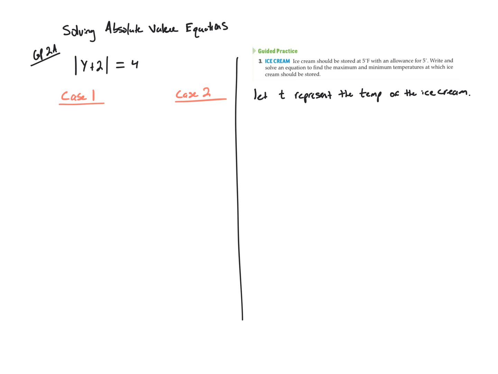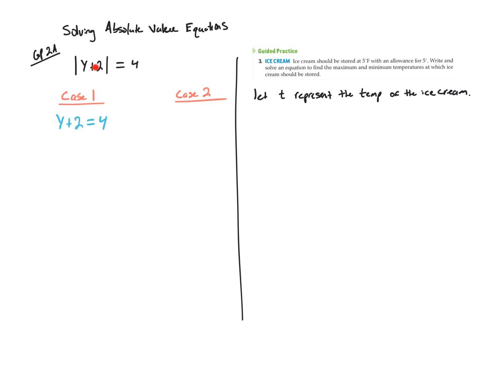So let's talk about solving absolute value equations. When we solve them, we kind of have two cases that we have to look at. First of all, this thing inside the absolute values could be this number, so we could have something like this. The y plus 2 could equal 4. But we also have a second case.